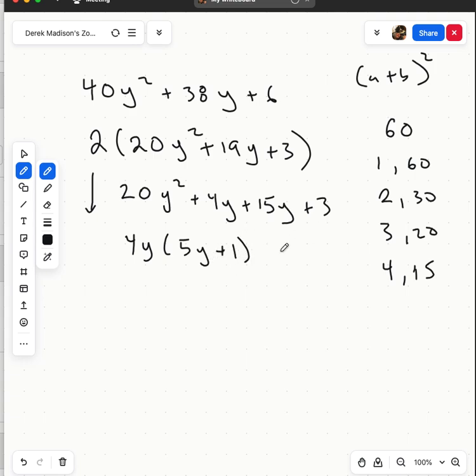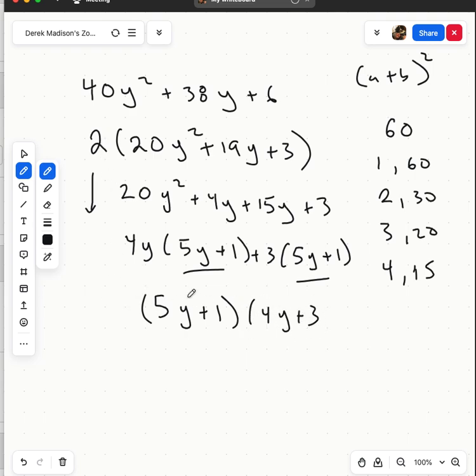Once I get that 5y plus 1, I'm going to get another one, so I'm just going to write it down, and that will help me make sure that I factor the right thing out here. So to get to here, I would need to factor out a 3. And then now this is my common factor, so I will bring that out front, 5y plus 1, and it leaves behind the 4y plus 3.